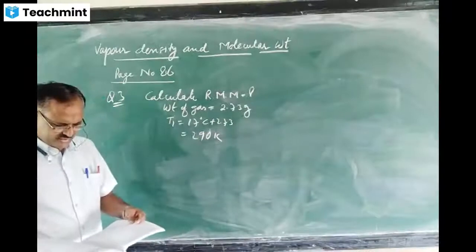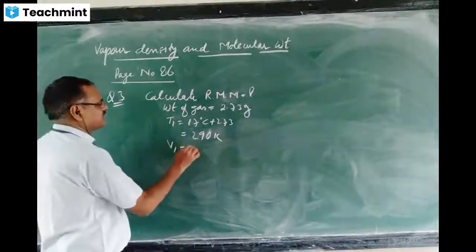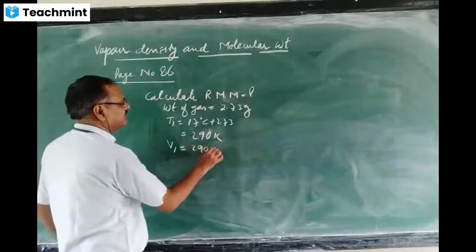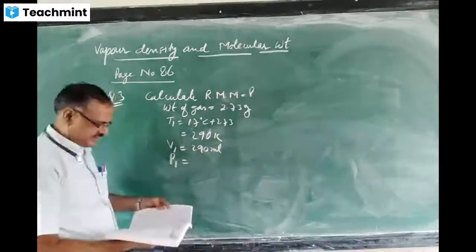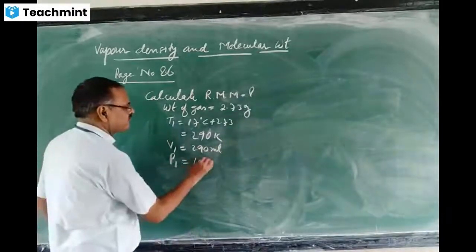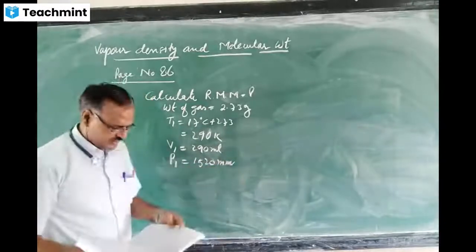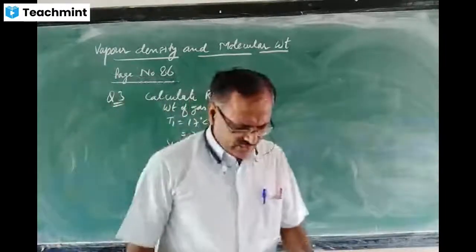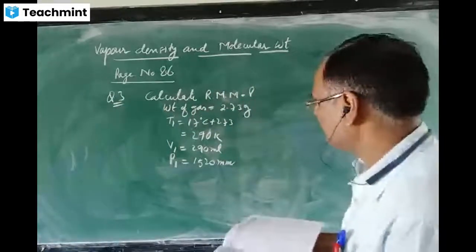Then the volume is given, 290 ml, and the pressure is given, 1520 mm.